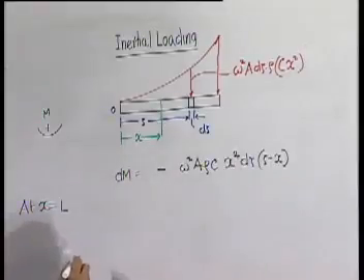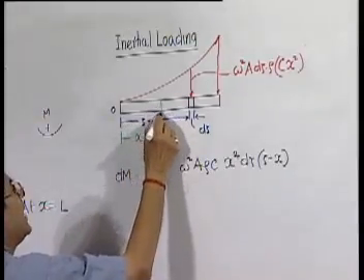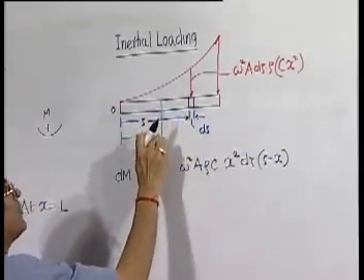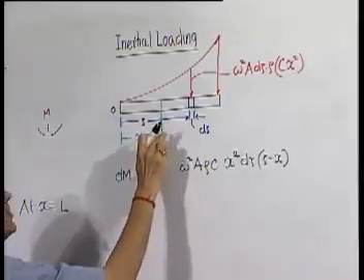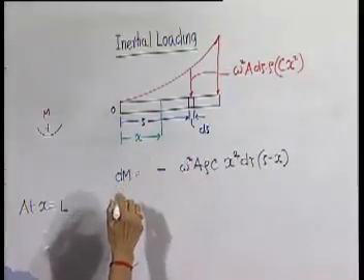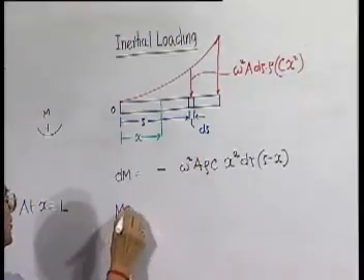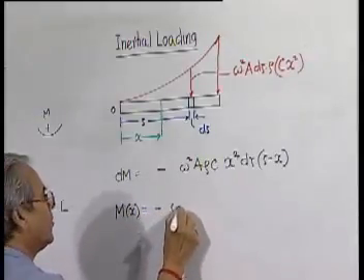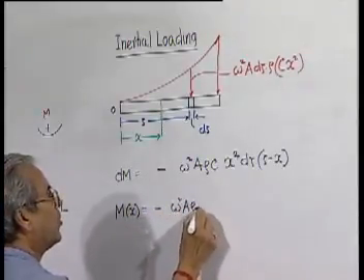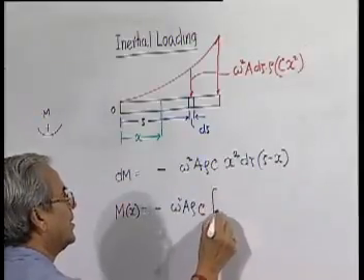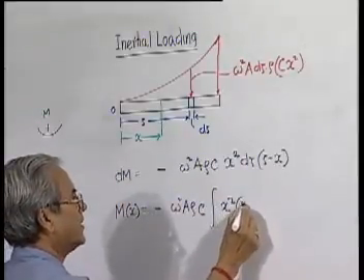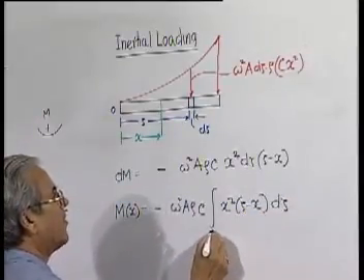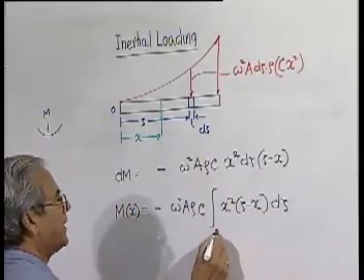So therefore, the total moment here will be the moment of all the inertial loading of all the elements from zeta is equal to x to zeta is equal to L. So therefore, moment as a function of x at distance x will be minus omega square A rho c, x square, zeta minus x d zeta.